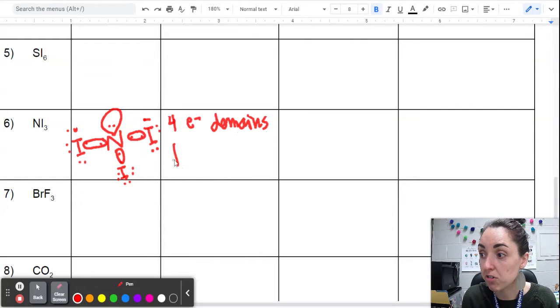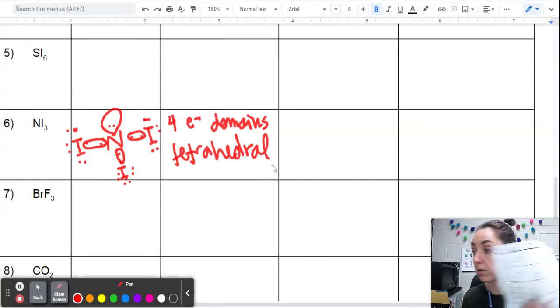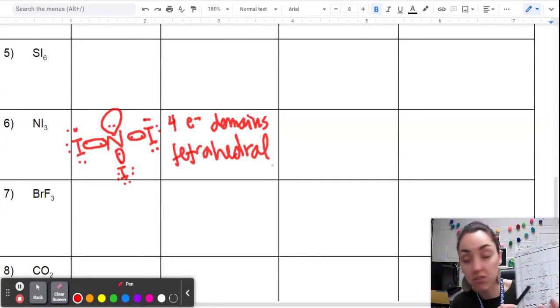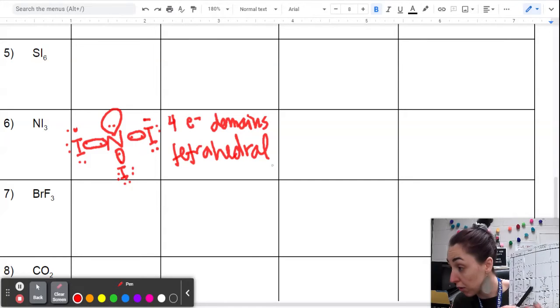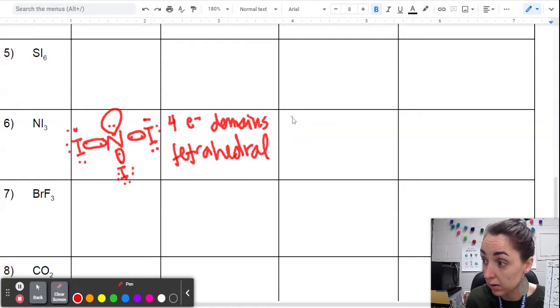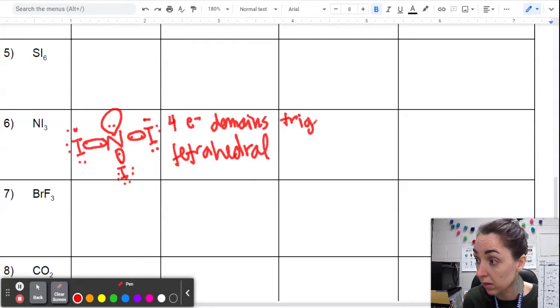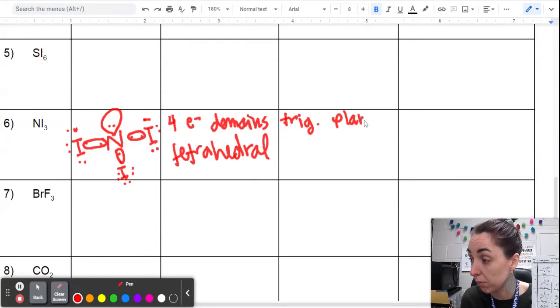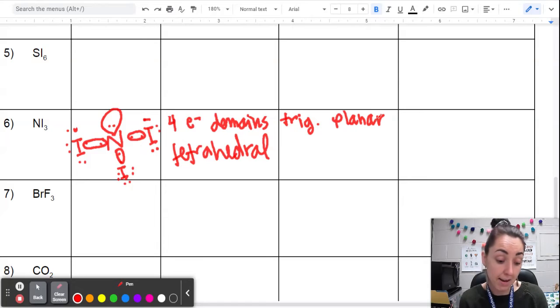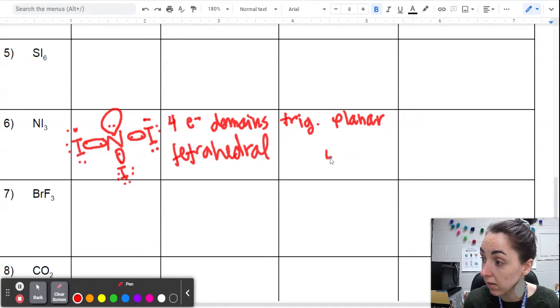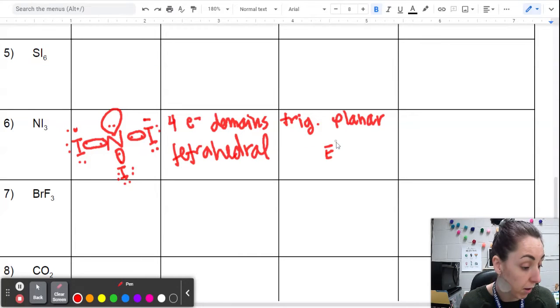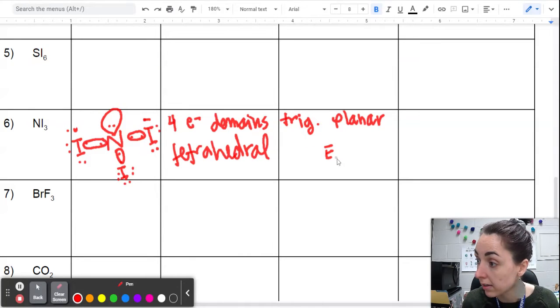So that's 4 electron domains. So that's actually a tetrahedral electron geometry. So then if I go to my chart and I find a tetrahedral geometry with 1 lone pair, it's a trigonal planar. I'm going to abbreviate that. Trigonal planar molecule geometry. Now I'm actually going to sketch out that geometry there. So E on our paper represents the central atom.